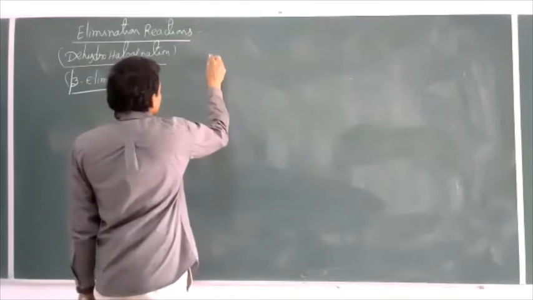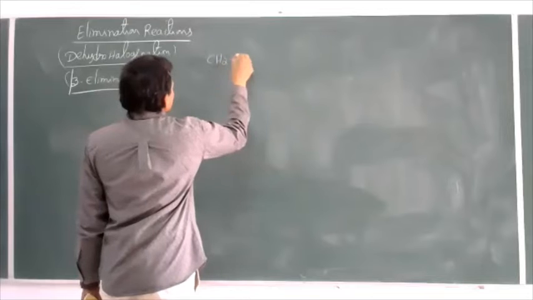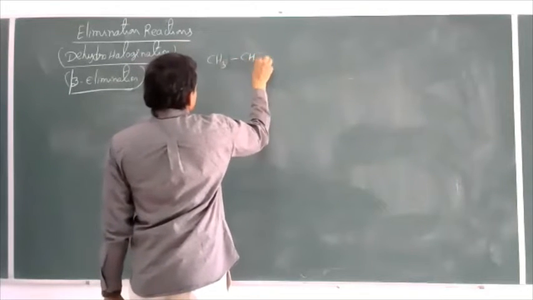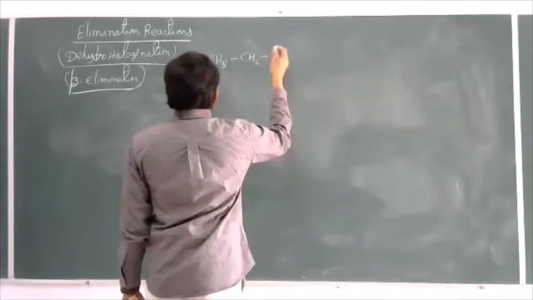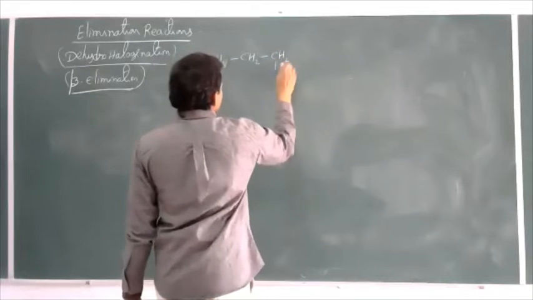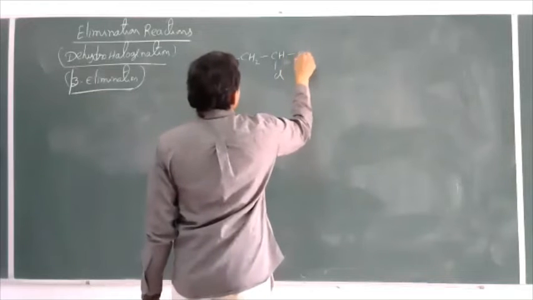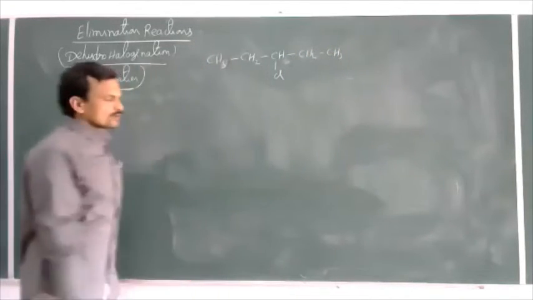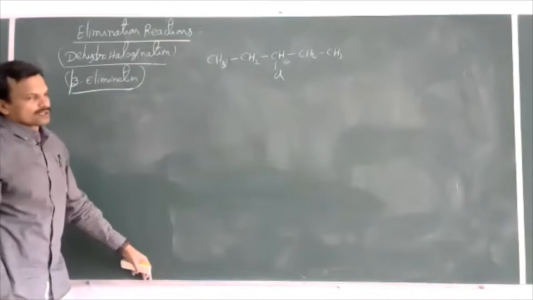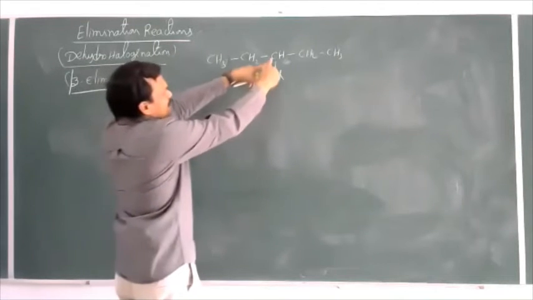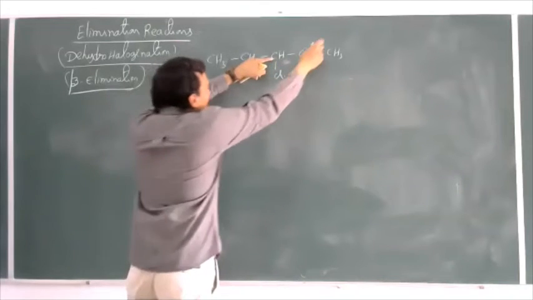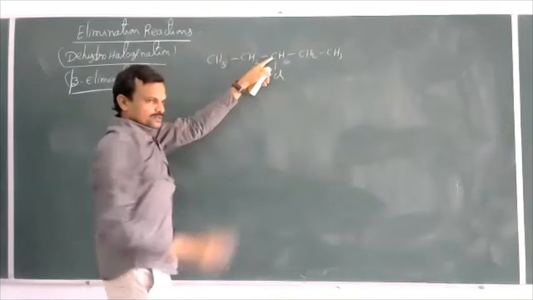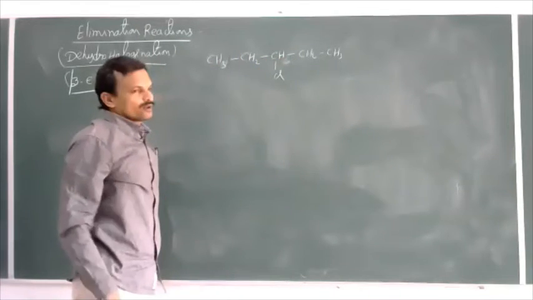An example here: CH3CH2CHClCH2CH3. Is this a symmetrical or unsymmetrical haloalkane? This is the carbon to which the halogen is bonded. On both sides, the two alkyl groups present are the same ethyl groups. So this is a symmetrical haloalkane.